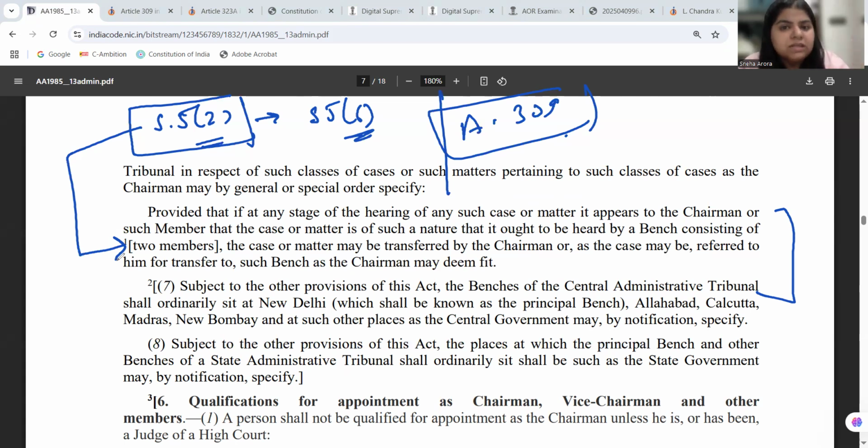So whenever we talk about Section 5 clause 2, adjudication of matters regarding Article 309, regarding the recruitment or the conditions of service of public service employees, we automatically invoke the proviso to Section 5 clause 6, and therefore Section 5 clause 6 is not unconstitutional, because we are invoking the proviso, and we are putting that matter before a two-member bench, which is one judicial member and one administrative member.